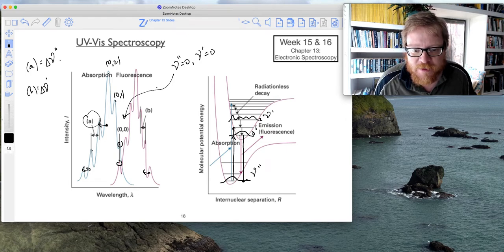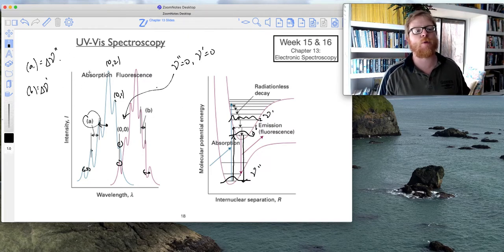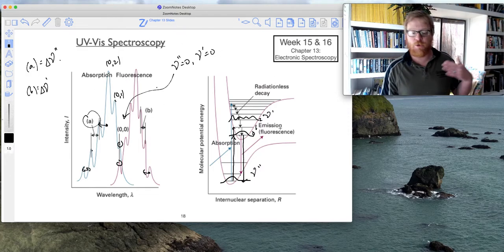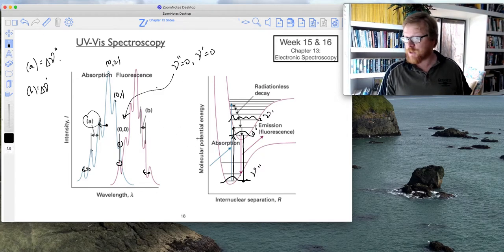Because as you can tell, as each one of these goes down, we could go 0 to 0, or 0 to 1, or 0 to 2, etc. Okay? So in the absorption profile, you can see the vibrational energy levels for the excited state. In the fluorescence profile, you can see the vibrational energy levels of the ground state, which is pretty cool.